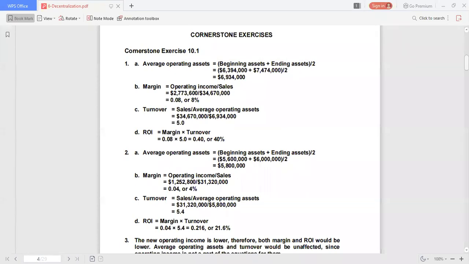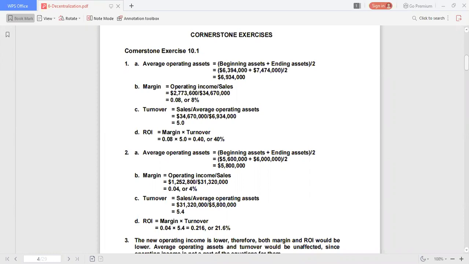Second requirement is the margin. Formula is operating income divided by sales, giving us 8%. That's your margin. Next, we have the turnover. Formula is dividing sales by the average operating assets.